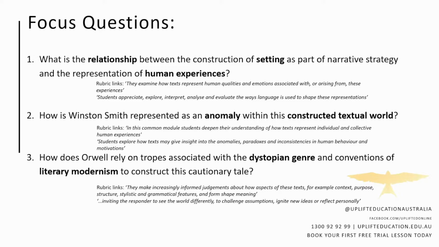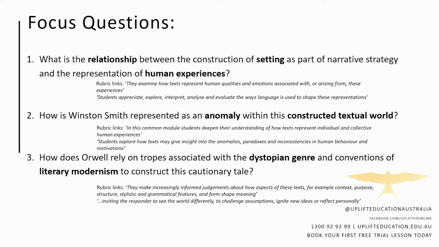So for the first question, what is the relationship between the construction of setting as part of narrative strategy and the representation of human experiences? The rubric links that I've compiled there are basically the ideas regarding human qualities and emotions, and the second one is how language is used to shape representations. An idea that we can all relate to and understand is that our environments play a big role in our emotions, our state of mind, and ultimately the human experiences that we go through.